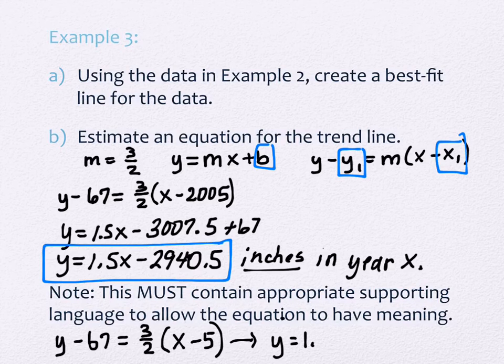So this would be y equals 1.5 x. I'd have the 1.5 times the 5. So what's 1.5 times 5? Yeah, which is 7.5, right? Okay, so I'd have minus 7.5. And I'd have plus the 67, because I'd be moving that over. And then what happens when I take negative 7.5 and positive 67?